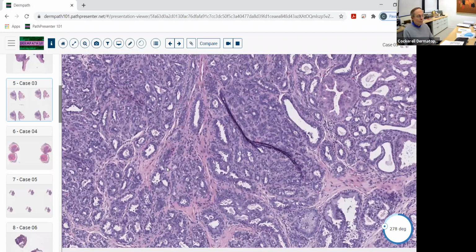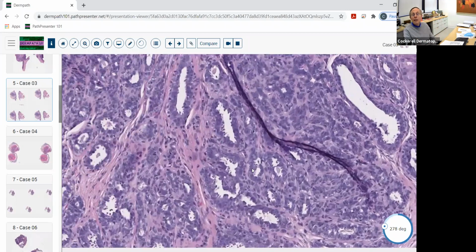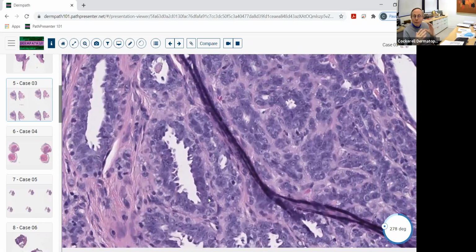And this is an example of a hidradenoma papilliferum. So we've got the syringocystadenoma papilliferum, which means it's papillomatous. And in this case, it's papillomatous probably because of these little papillae down here in the dermis. But this is basically the same type of lesion in a genital area with no contiguity with the epidermis.